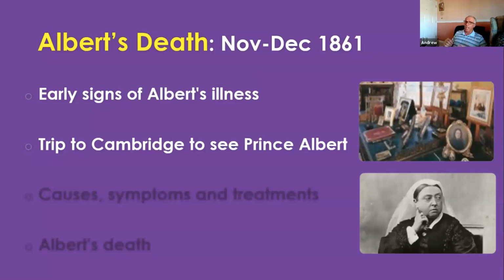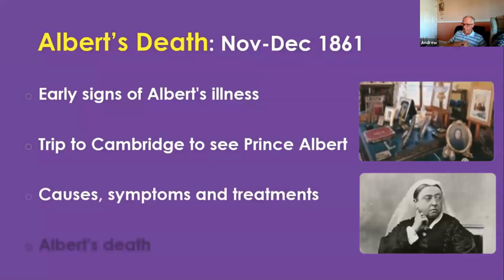He doesn't drink heavily, he doesn't smoke, he's physically active, and there's every reason to think this will pass and life will go on. However, we now know that he actually has typhoid. Typhoid is a waterborne illness, and if left untreated, it can kill you.